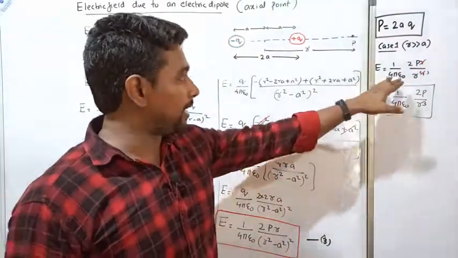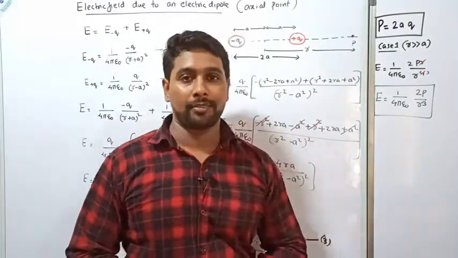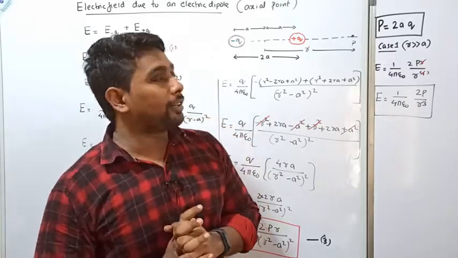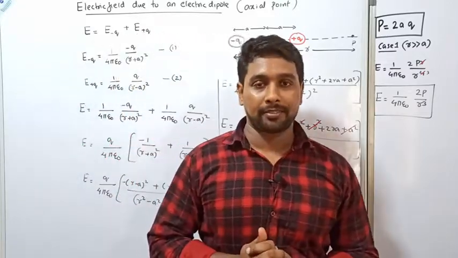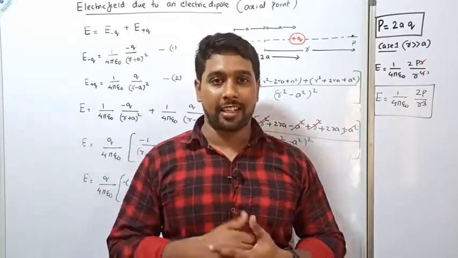If you neglect this a, you write the equation E is equal to 1 by 4 pi epsilon 0, 2p by r cube. I hope you all understand the concept of electric field due to an axial point. Now we can move to the second case.